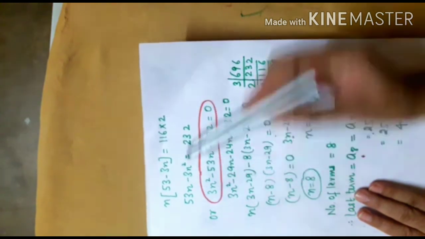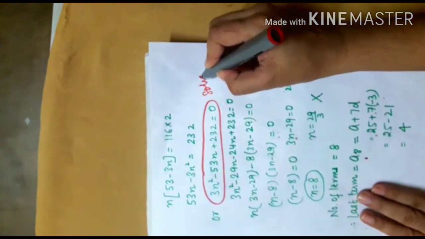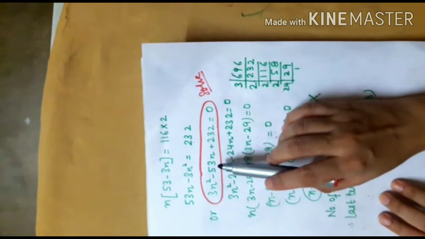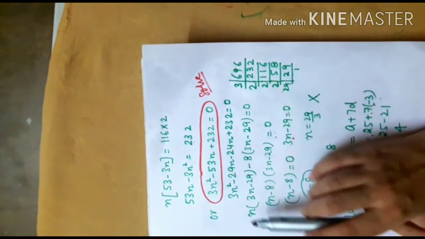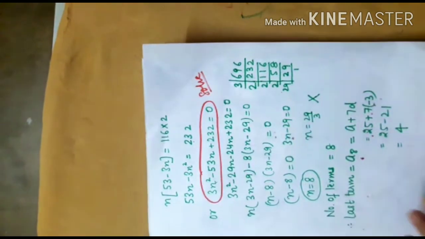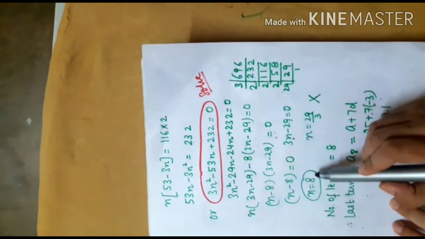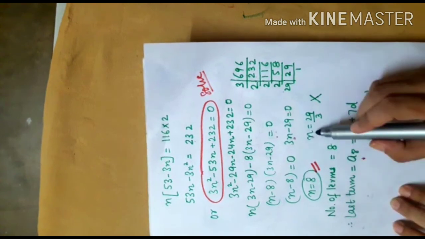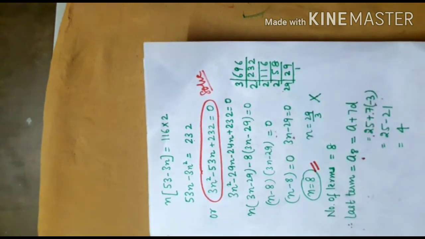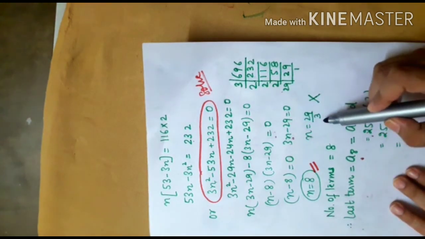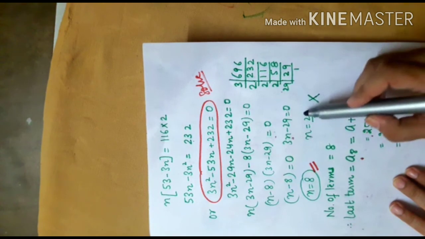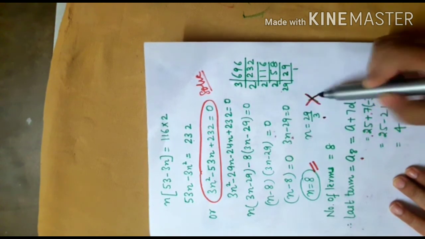Now solve this quadratic equation using quadratic formula or by using factorization method, that is by splitting the middle term. So I'll get the values of n as 8 or n equals 29 by 3. As n denotes the number of terms and number of terms cannot be in fraction, this value is rejected.